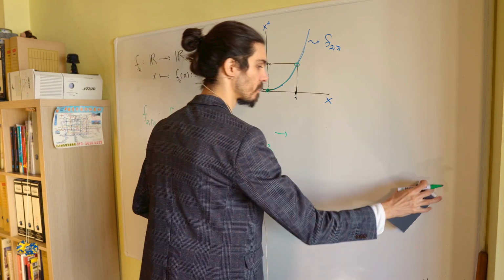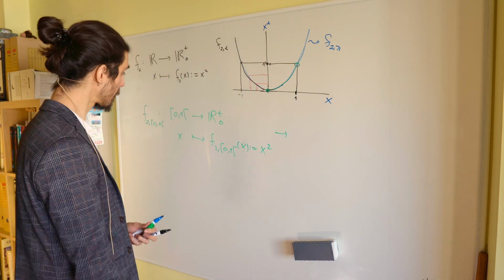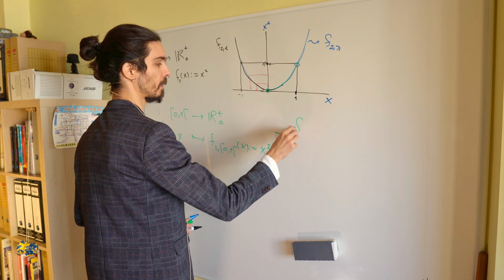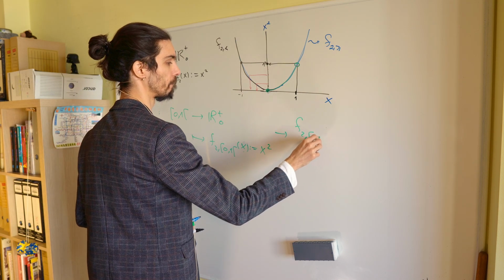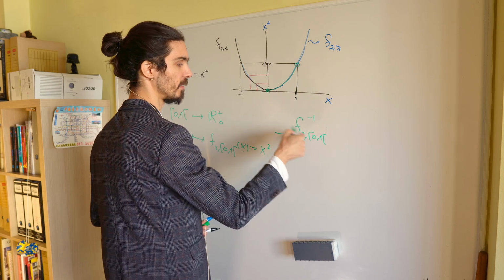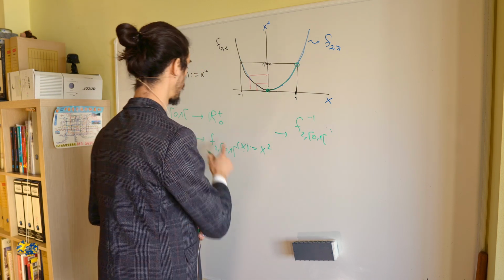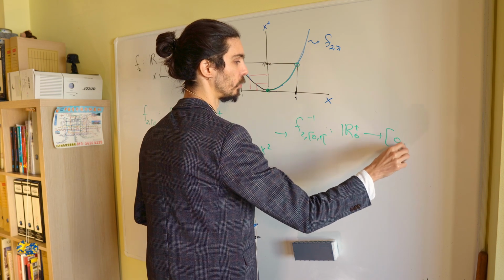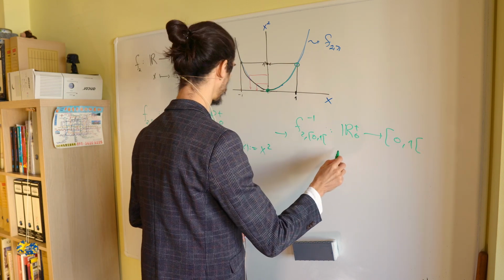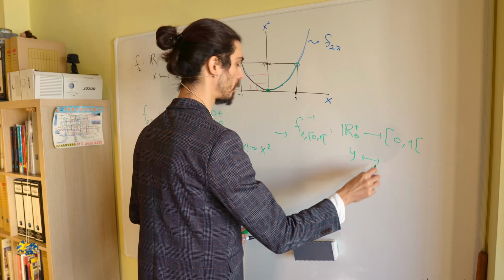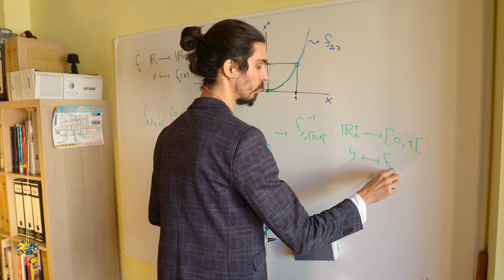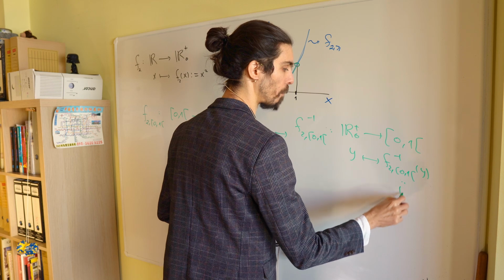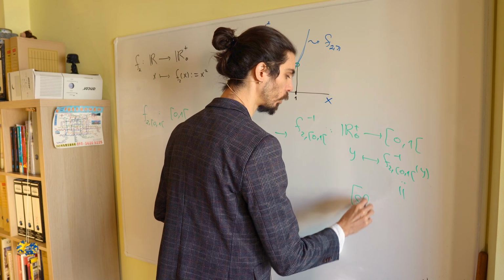So what's the inverse now? Can you see? Can you write it right now, the inverse? Let me write it. Again, this inverse will assign our reals including 0 to all the numbers 0 and 1, and every y will be assigned to f2 restricted to 0 and 1, inverse of y, which by definition is a solution.